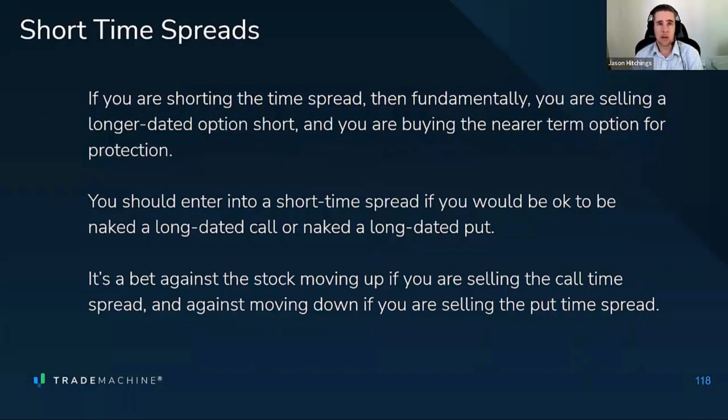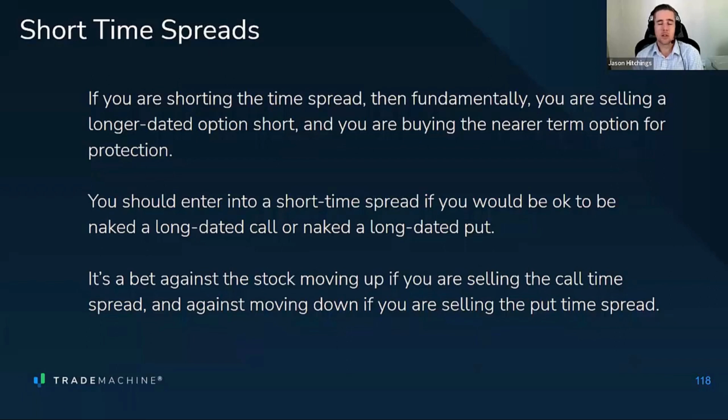What makes it a time spread is that you're also buying a near-term option. If it's not a so-called diagonal time spread, it means you bought the same strike. We'll talk about diagonal time spreads in the next class. But if you're buying the same strike, you're not hoping to make money off of that option you're buying. You're just getting some protection from your long-dated option that you sold.